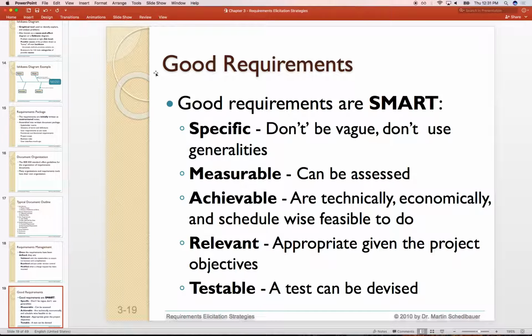Can we measure whether we are achieving your requirement or not? Is it even feasible in the schedule, in the amount of money that we have, with the folks that we are employing? Is it even relevant to this particular discussion? And can a developer write a piece of code that actually evaluates that the requirement has been achieved? So if it can't be calculated, then perhaps it's not a good requirement.